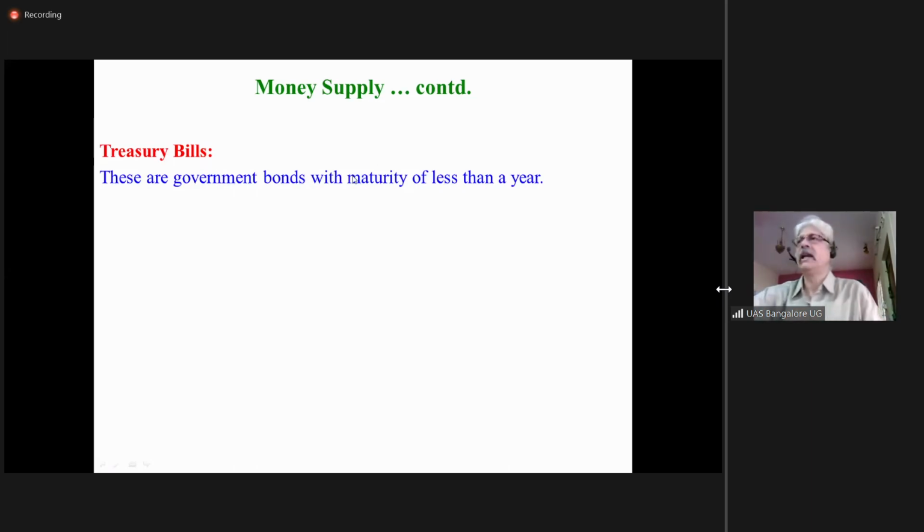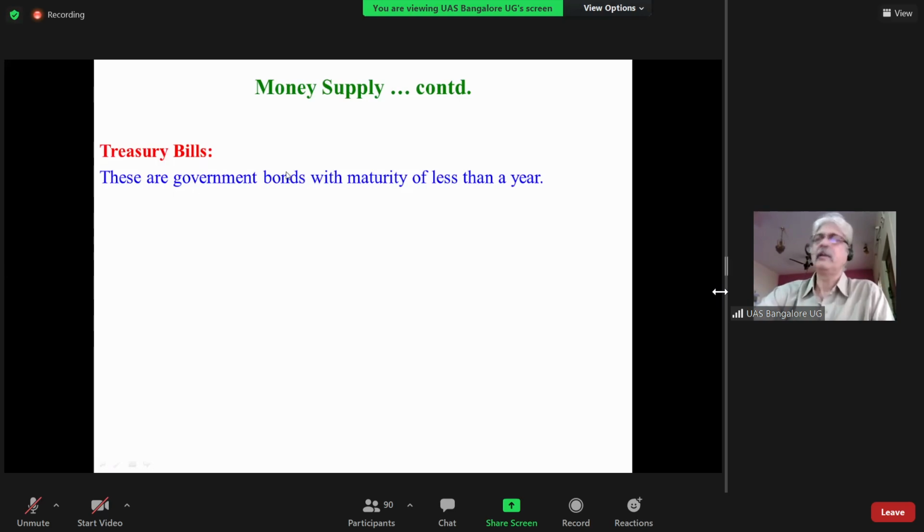Government wants money, say for a period of 6 months or 9 months or so, then the government may sell some bonds to say banks.